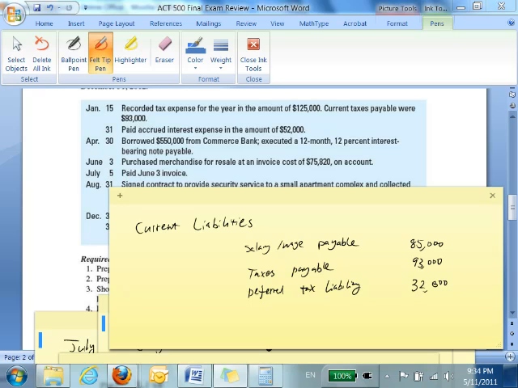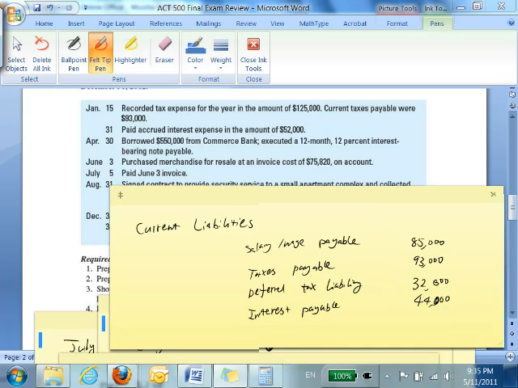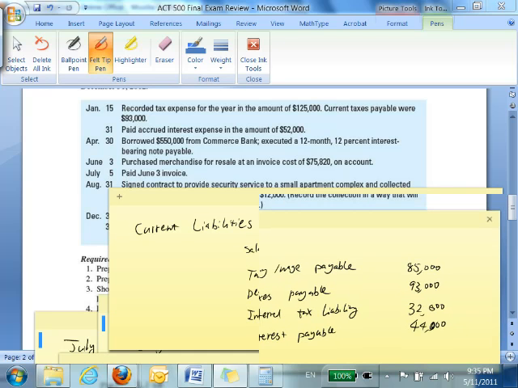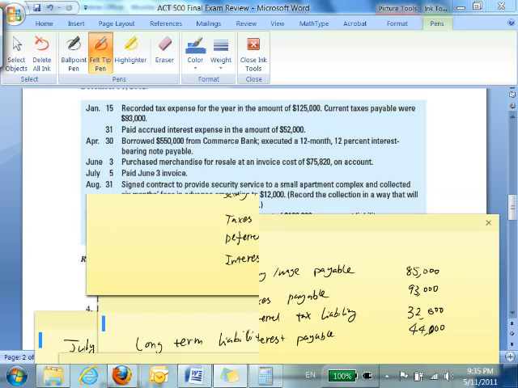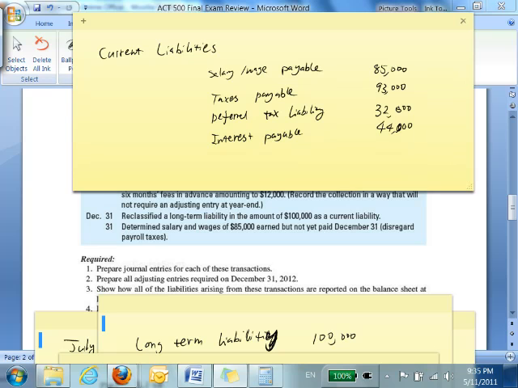And on December 31st, remember for the April 30th borrowing, the note payable, we have the interest payable liability. So interest payable, we just calculated 44,000. And we also have the rest of the signed contract at the end of the year, 4,000 deferred revenue.